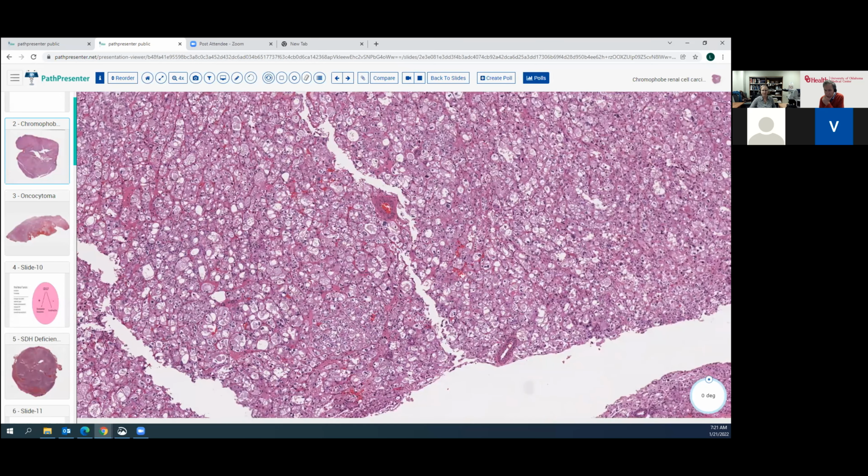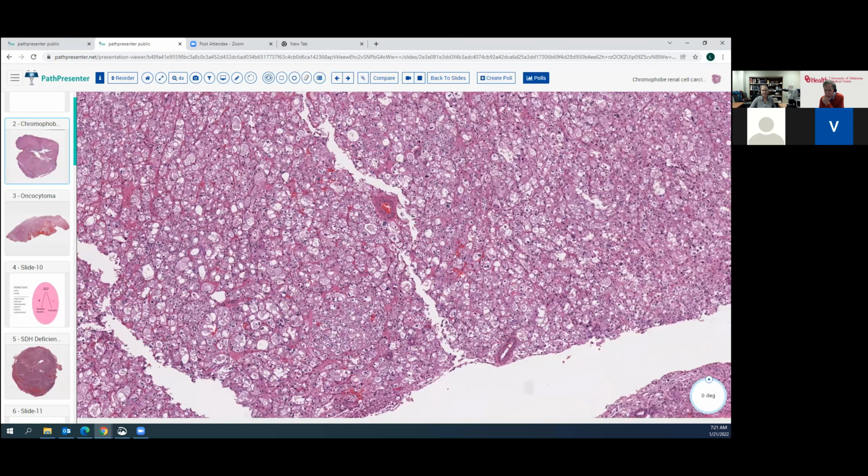Let's find us some cells to get on the high power for. Okay, so the cells in this resection, we've got some mild to moderate nuclear pleomorphism, but the nucleoli are prominent.